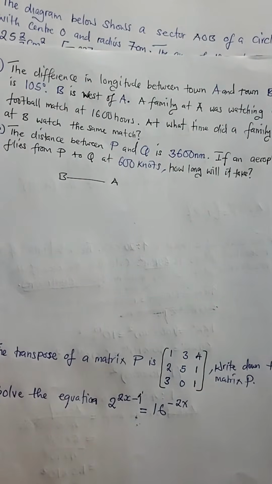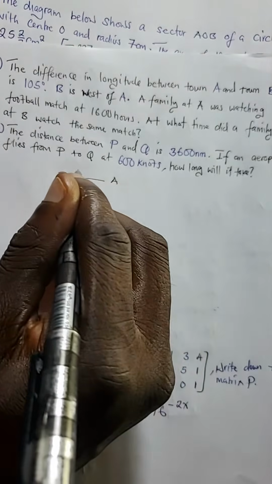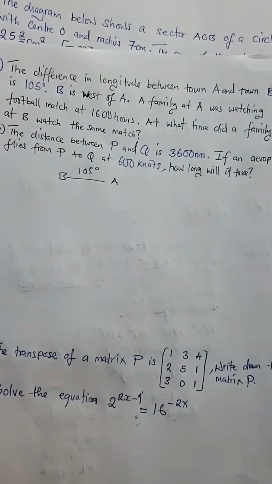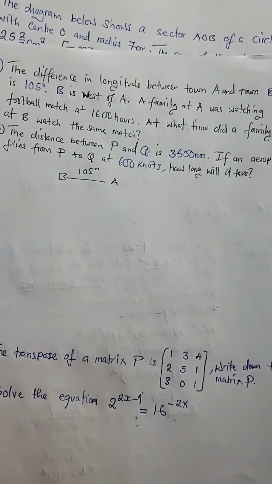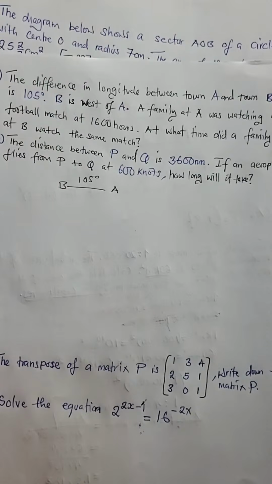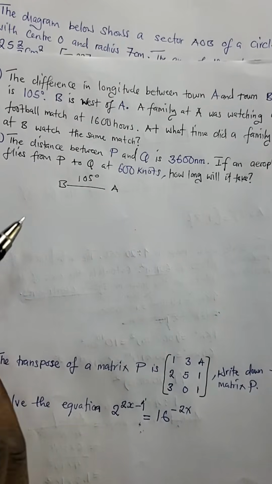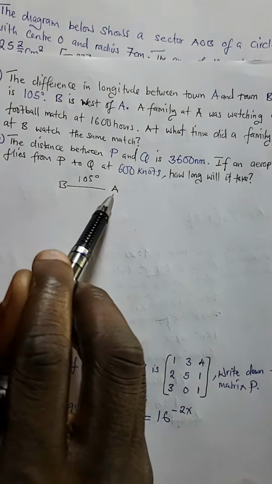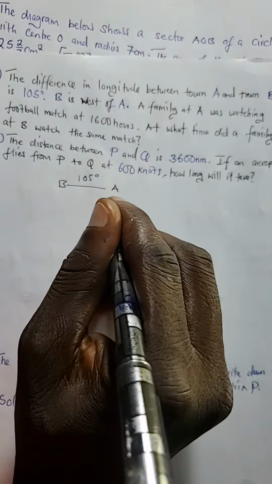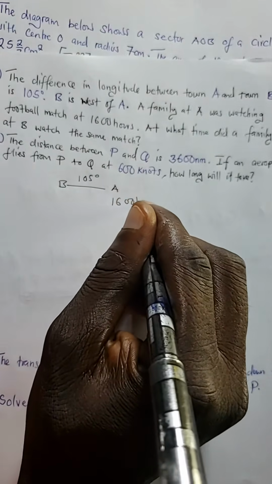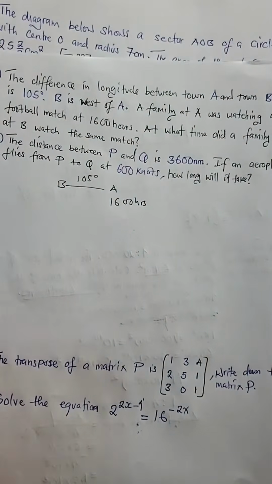The difference in longitude between the two is 105. You know that we use longitude to calculate time, and we have been given the difference in longitude. So this is not a big deal. The time at A was 16 hours.